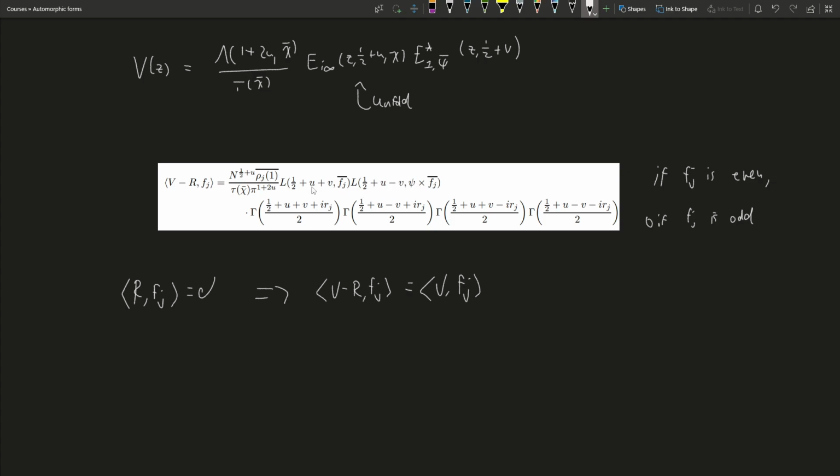So this is suggesting some asymmetry, but in fact, this implies a functional equation for Fj, maybe conjugate.